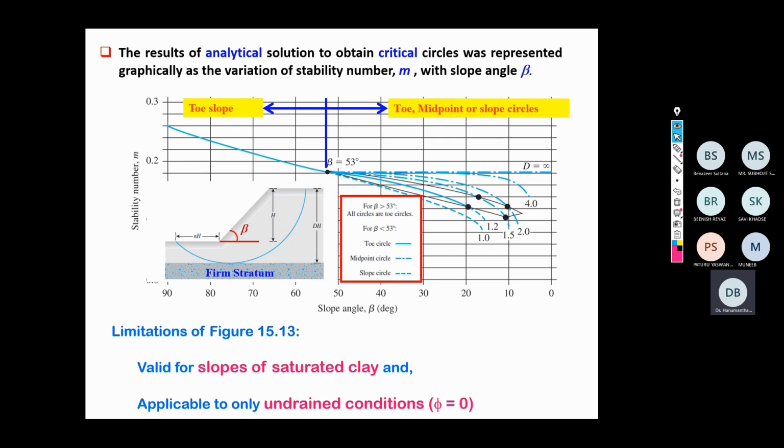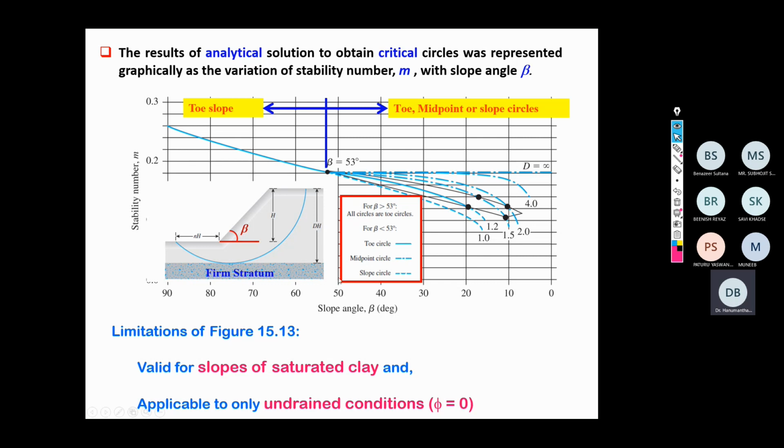A couple of points that I thought we have already missed, so I'll be covering all those important missed points in this presentation. One of the important things we have discussed in detail is the Taylor stability number and the Taylor stability analysis procedure.